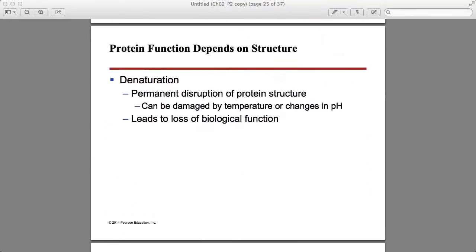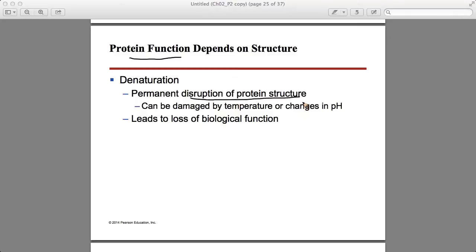Okay, so obviously the function of a protein depends on its primary, secondary, tertiary, and quaternary structure. When you heat up or subject proteins to extreme pHs and various other conditions, you can disrupt the structure of the protein.